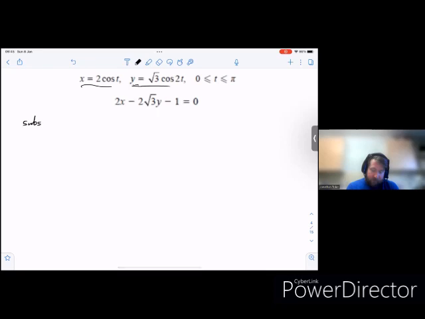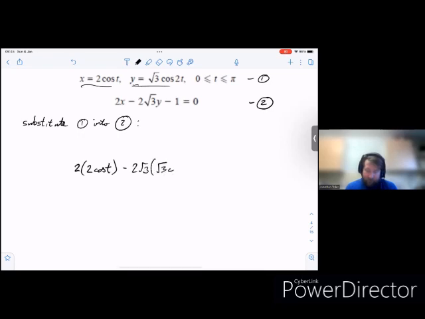So substitution: if we call that equation 1 and that equation 2, we'll substitute 1 into 2, and we get 2x, so that's 2 times 2 cos t, minus 2√3y, so it's √3 cos 2t, minus 1 equals 0. So now we've got an equation with a cos t and a cos 2t in there. So we're going to have to use some trig identities to solve this.